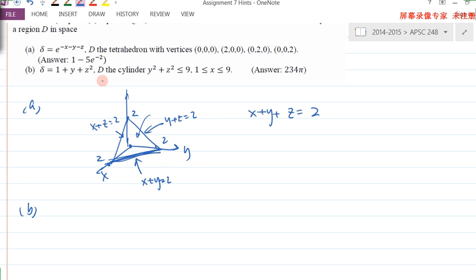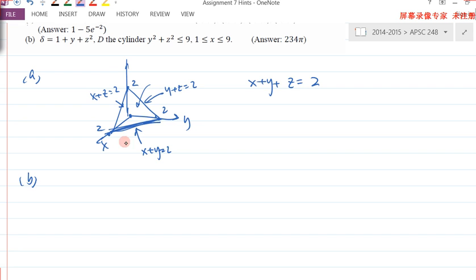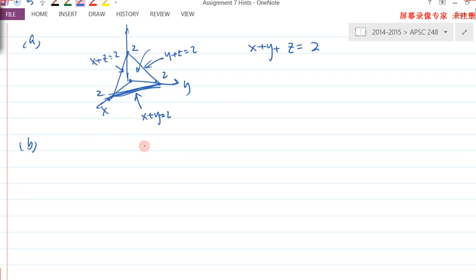This one is a little bit tricky, but you basically just need to change to typical cylindrical coordinates. D is the cylinder, so if I draw the region D, what does it look like? This is typically what we use for Cartesian coordinates.